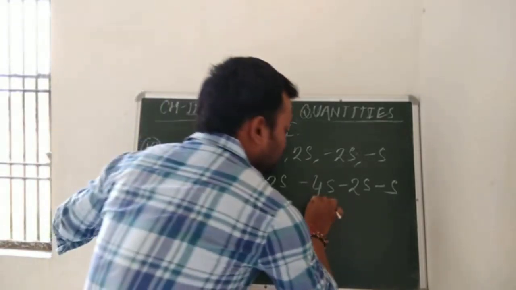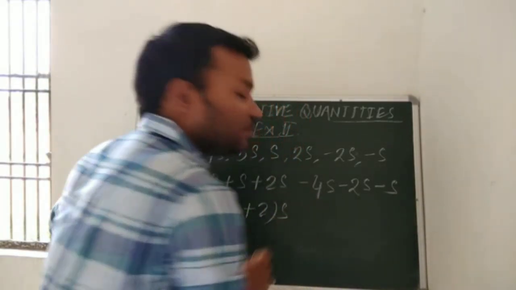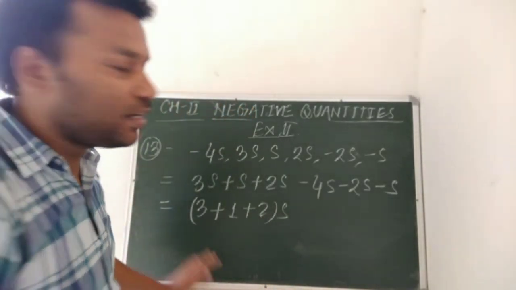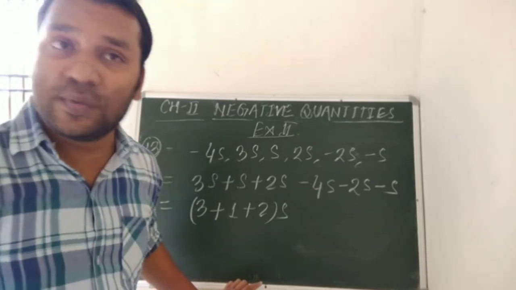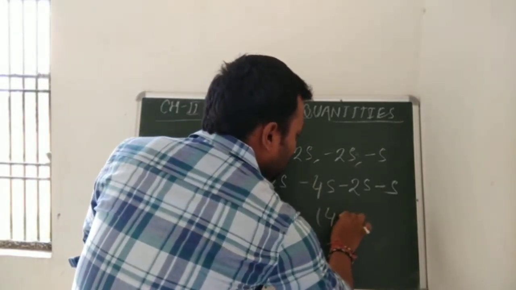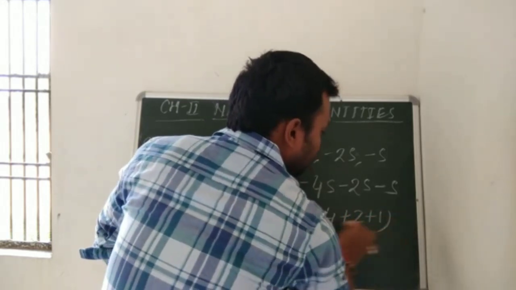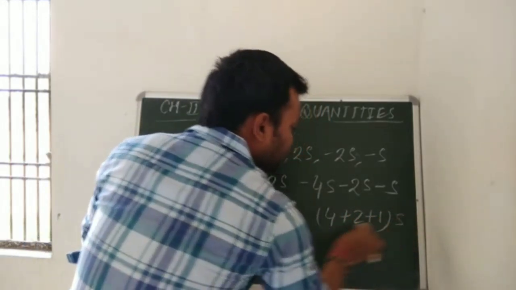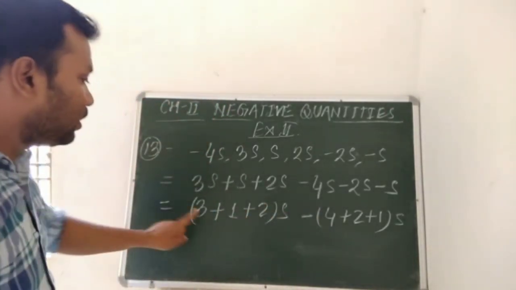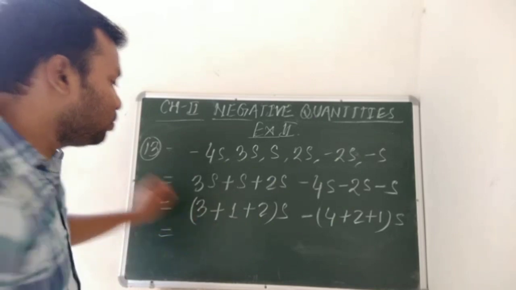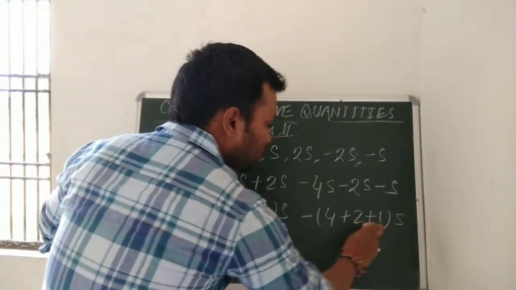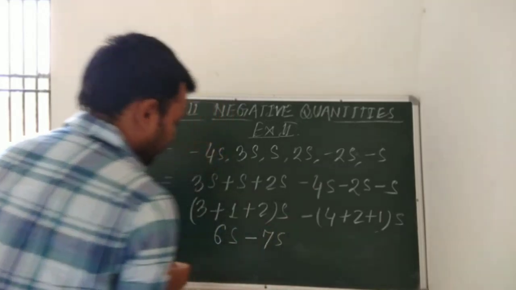And as we just discussed, to get the sum of the negative quantities we have to add coefficients numerically. So we will add 4 plus 2 plus 1 and prefix the negative sign. So now we have 3 plus 1, 4, 4 plus 2, 6s, minus 4 plus 2, 6, 6 plus 1, 7, minus 7s.